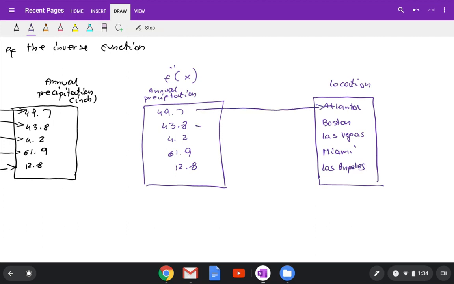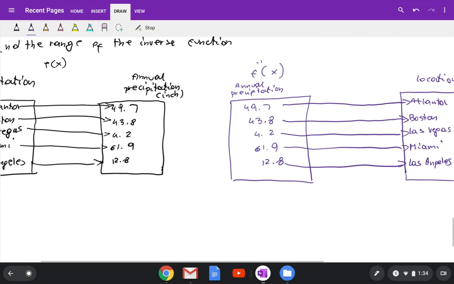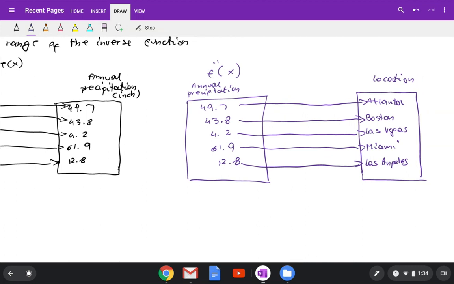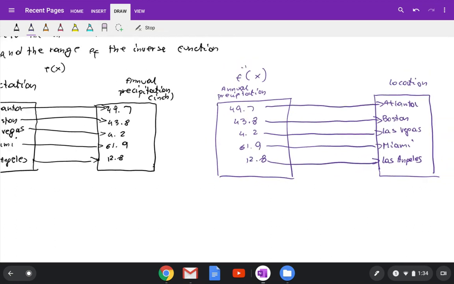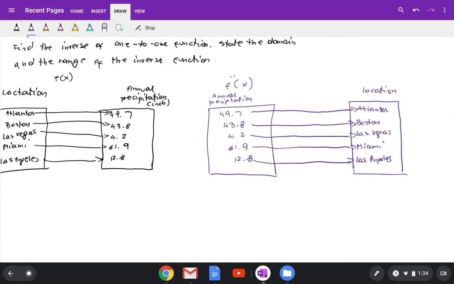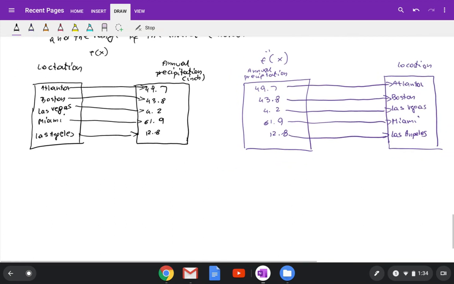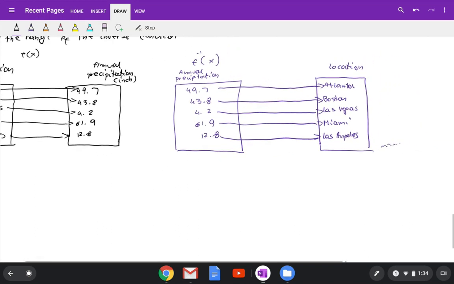So this function is one-to-one function. Like you see, the range of original function become domain of inverse function. So this is again when you guys will be working on my MATLAB of those problems. Of course, you just will have to select the correct one. Now, next, they asking you to state the domain and the range of inverse.